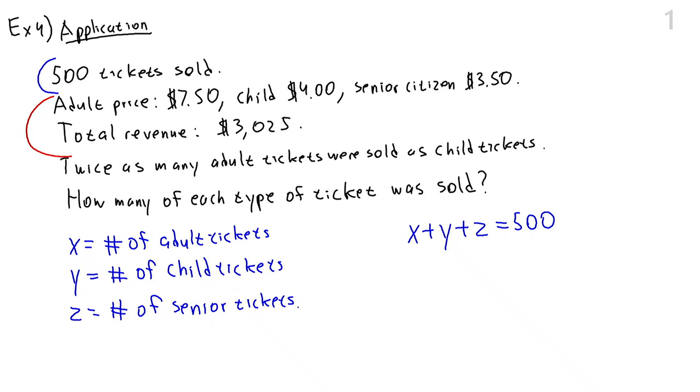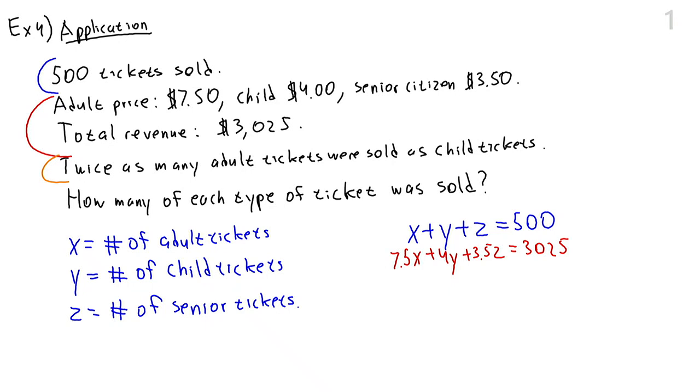So our second equation is going to set money equal to money, 7.5x plus 4y plus 3.5z equals 3,025.